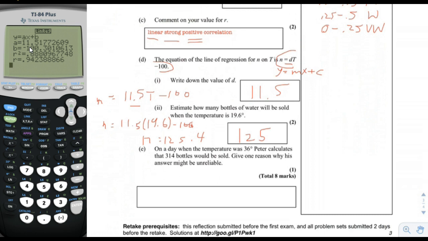And the other way you could do that is you could put this equation into y1. So if I go to stat, calc, lin reg, and then let's say I want to put it into y2, I'll go to alpha, F4, y2, enter, and then go down to calculate.